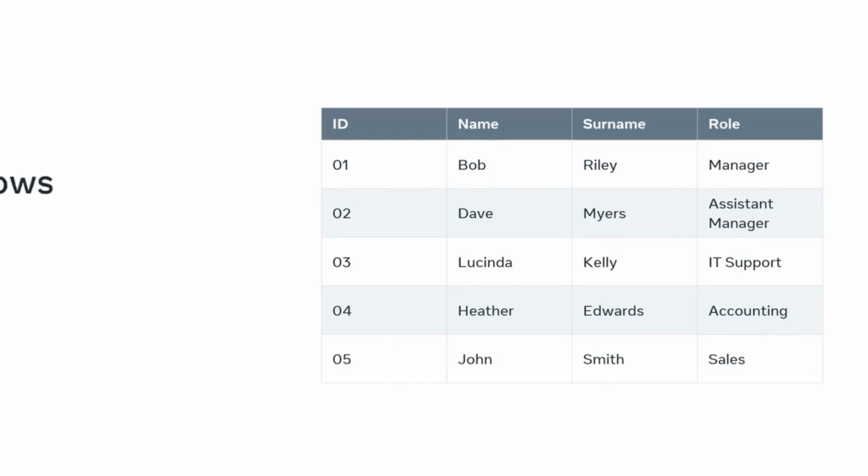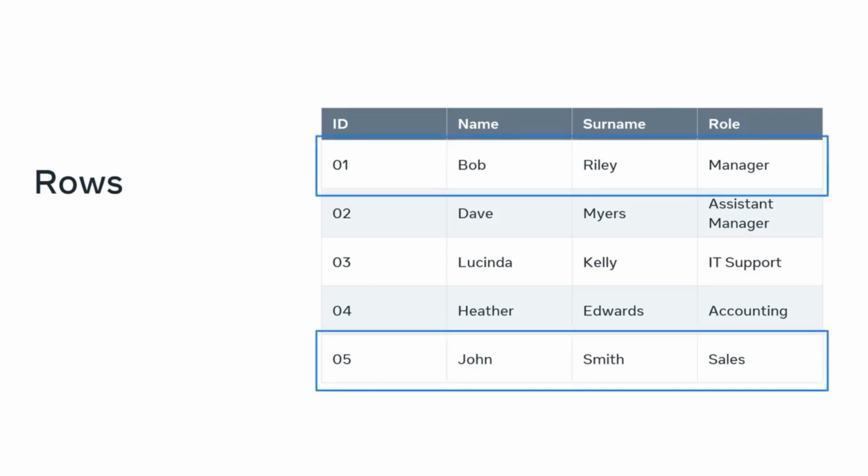A set of columns or fields form a row. In relational database terminology, a row is known as a record. So a record is a combination of columns or fields that contain data. In my employee table, for example, each row is a single employee record. Let's return to columns for a moment. As you now know, every column has a data type.